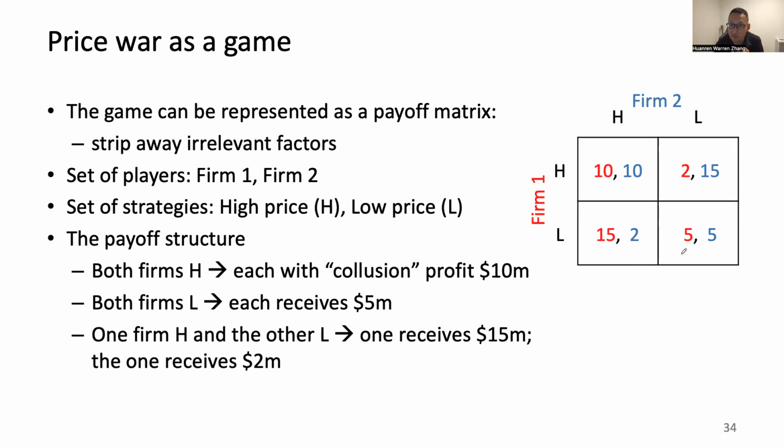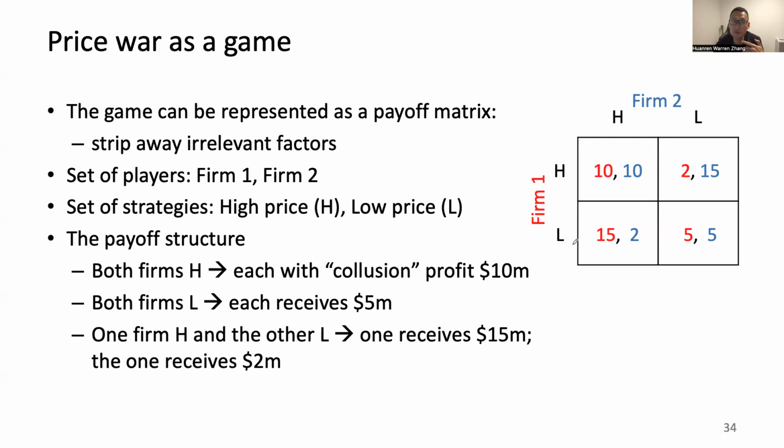But if both firms cut their price, the consumers would stay put, so they will not steal customers from the competitor, and the price cut would significantly reduce the profit they could earn. So if both firms choose low price, they can only earn $5 million.